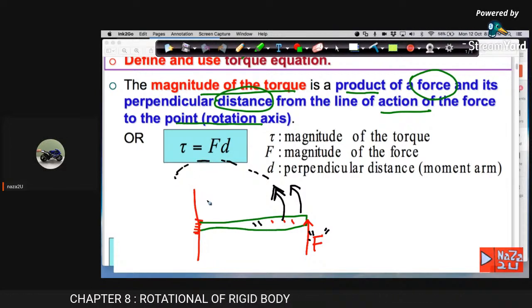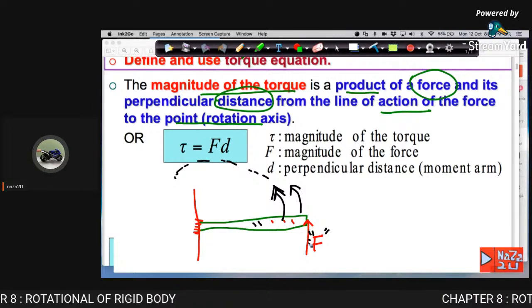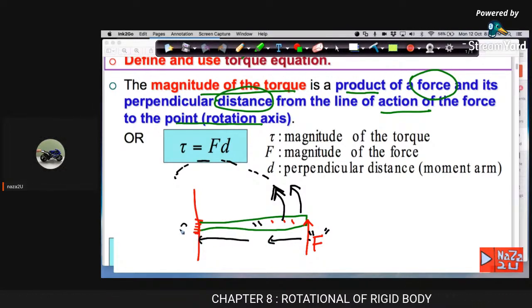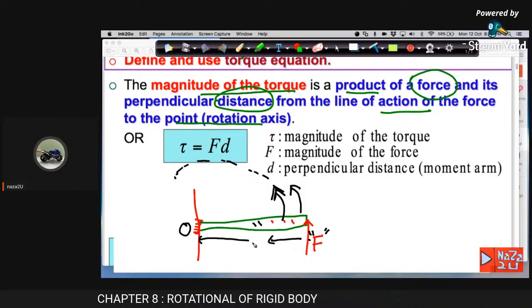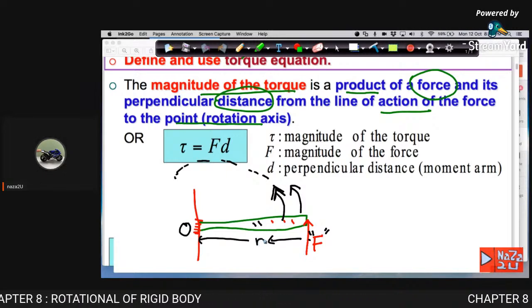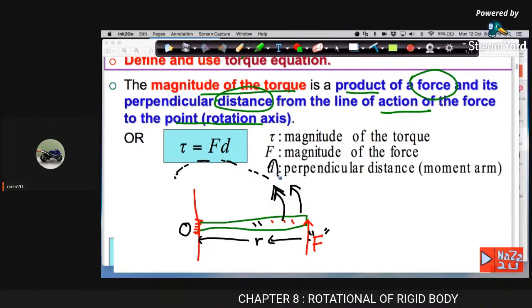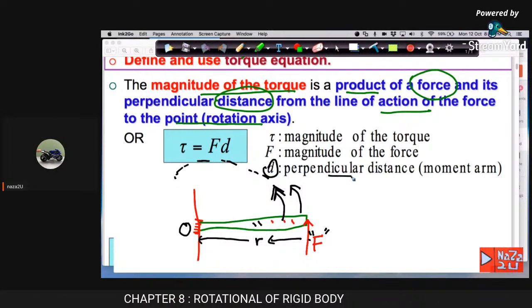Right? So the distance between the force and the pivot point, O, kita gambarkan sebagai R, jarak, ataupun di sini dia pakai D, perpendicular distance.